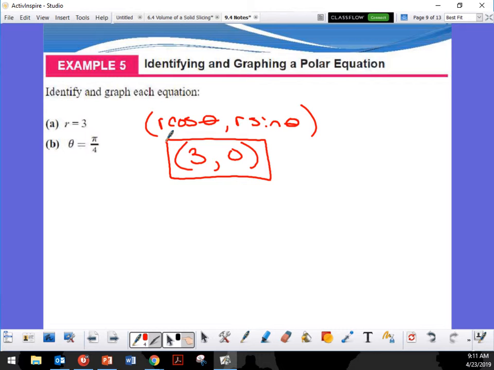And so that means that in my x and y coordinate, it's going to go right 3, up 0. So just going to be a dot right there. That's rectangular. Is this super easy? Yeah. Okay. All right. So I guess that's it for this.